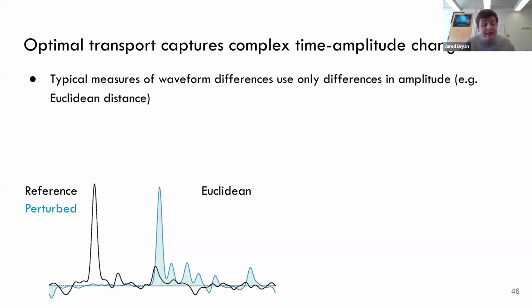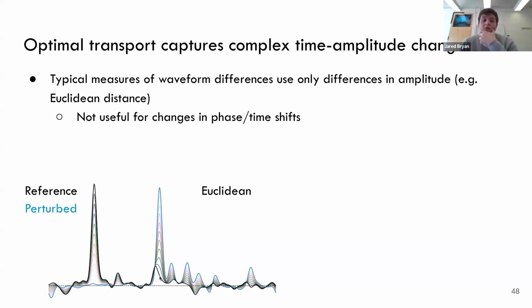Well, the most naive, most direct approach we could take is to just measure the difference between the two signals in a standard Euclidean sense, where we basically just compare the amplitude between the signals at each individual lag time, which does not really capture the character of the time shift between these two signals. So it's not useful for capturing things like time shifts.